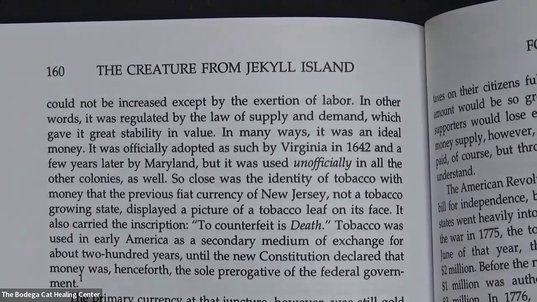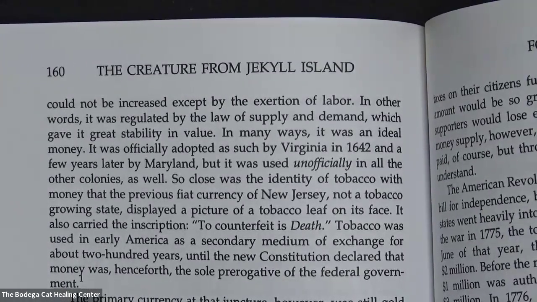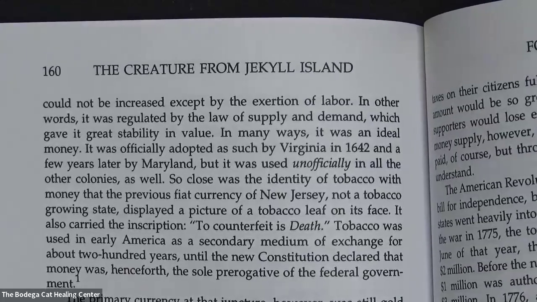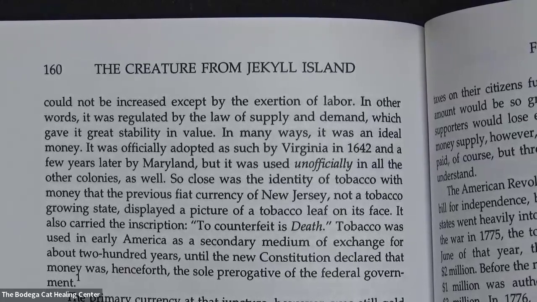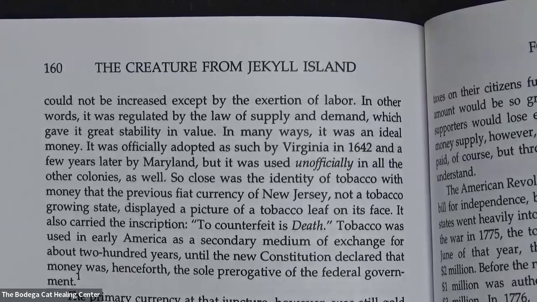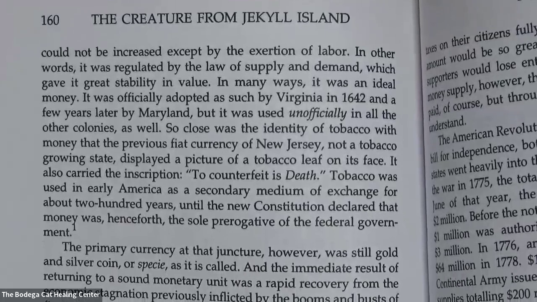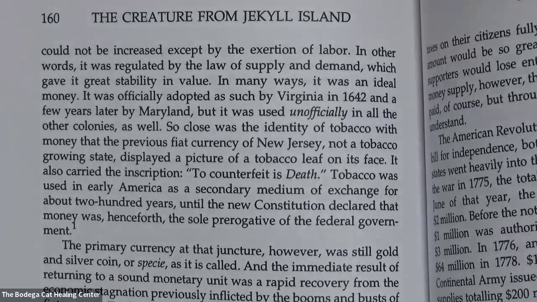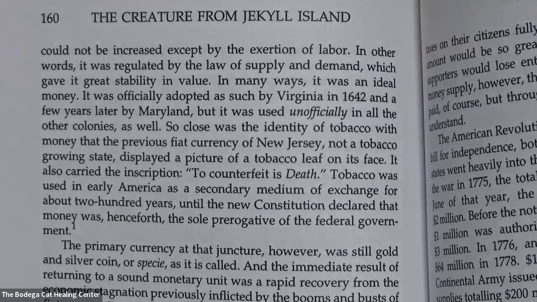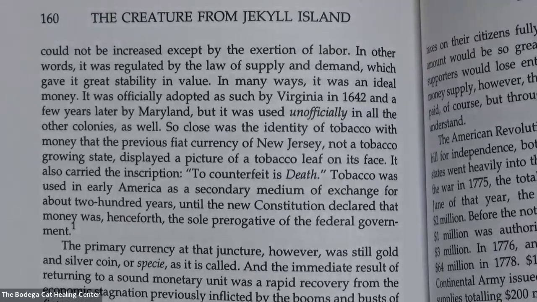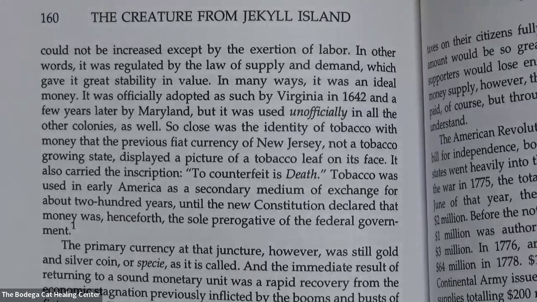In many ways, it was an ideal money. It was officially adopted as such by Virginia in 1642 and a few years later by Maryland, but it was used unofficially in all the other colonies as well. So close was the identity of tobacco with money that the previous fiat currency of New Jersey, not a tobacco growing state, displayed a picture of a tobacco leaf on its face.